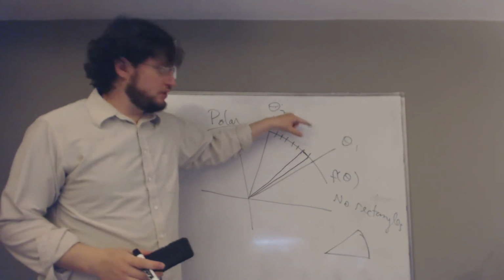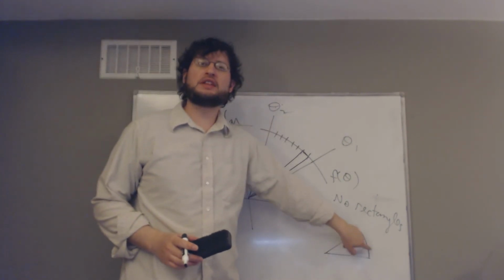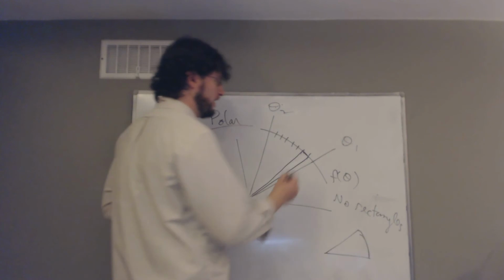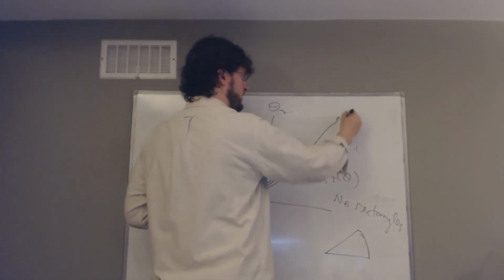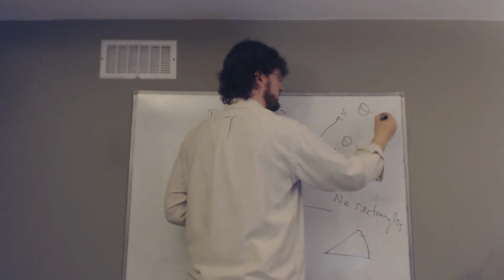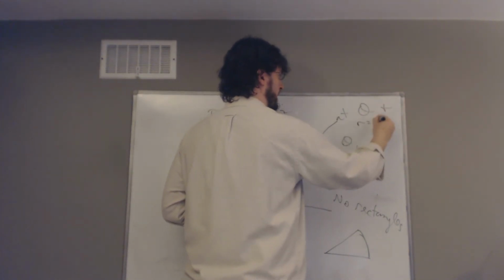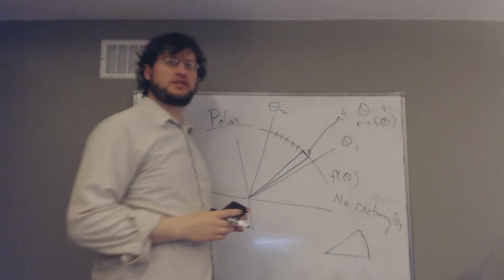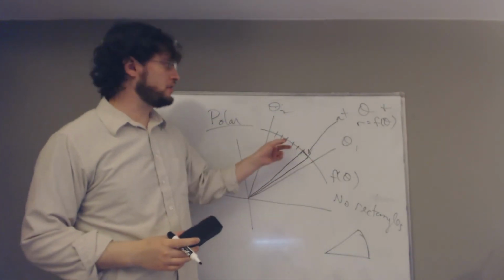So what we need to know is, what is the area of one of these things? Let's say that this is at angle theta, and at radius f at theta, because the f at theta tells me the radius.